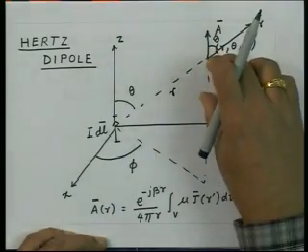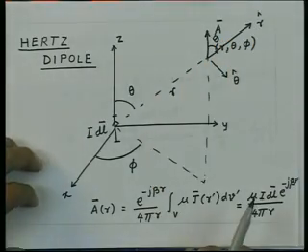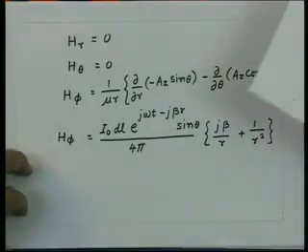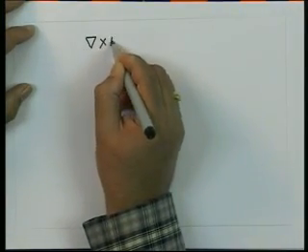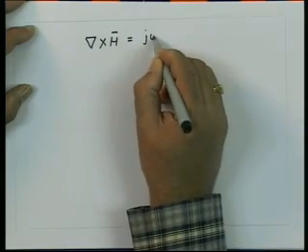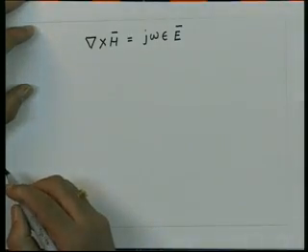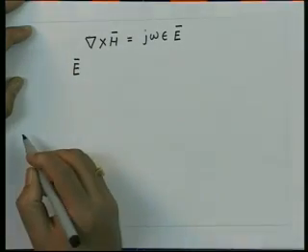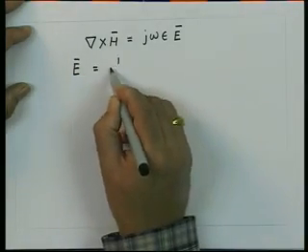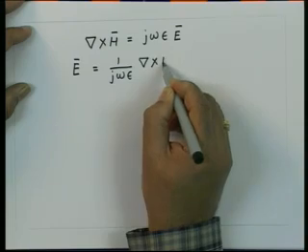So we can substitute the magnetic field in the source free Maxwell's equation, del cross H equal to j omega epsilon times E. Since I know H, I can find E. So the electric field at the observation point will be equal to 1 upon j omega epsilon del cross H.